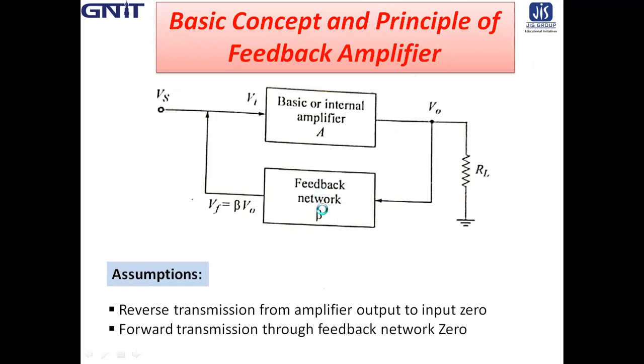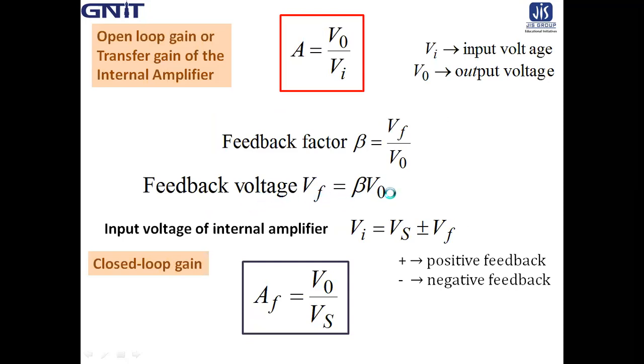So this is given by beta, and beta equal to Vf by V0, where the feedback voltage Vf equal to beta into V0. Therefore, the input voltage of the internal amplifier is thus Vi equal to Vs plus or minus Vf. That means the plus sign holds for positive feedback and the minus sign holds for negative feedback.